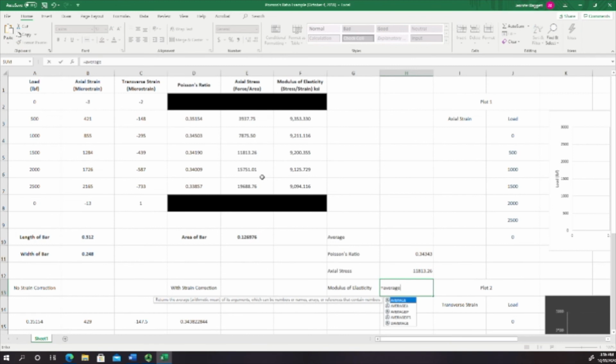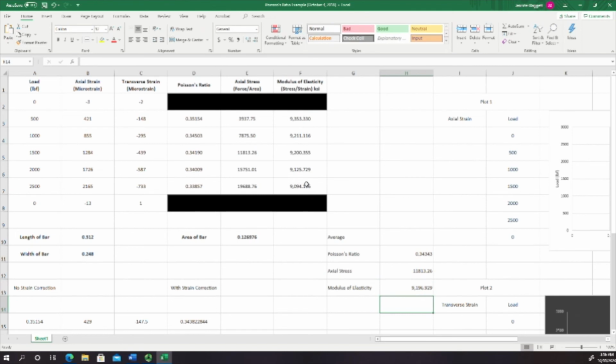And our average modulus of elasticity is about 9,200,000 PSI, or sorry, 9,196 KSI. So these would be the average values for our experiment in this example.